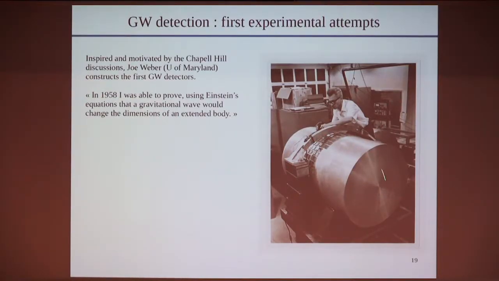So he started to build such detectors called bar detectors, just a piece of metal surrounded by some actuators, and the mechanical excitation is transferred and converted into an electrical signal.